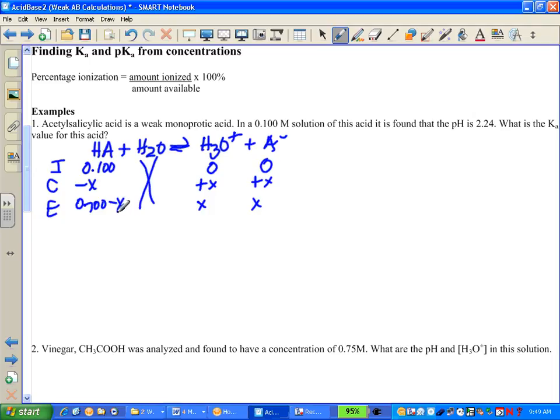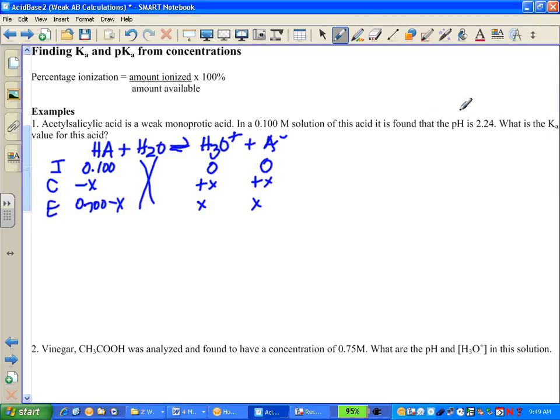Now, the other really main fact that you need to know when you're dealing with acid-base equilibria is that the pH or the pOH is related to equilibrium concentrations. So that toolkit of pH formulas is going to be very important. And we need to recognize what to do with the pH that's being given.